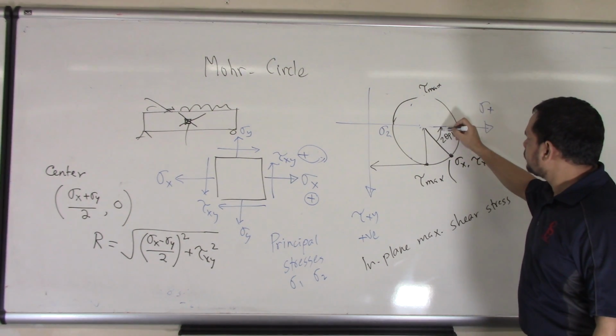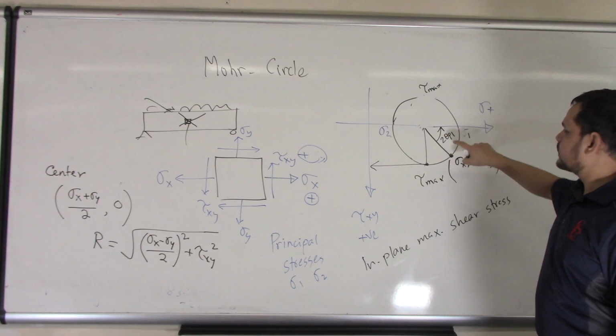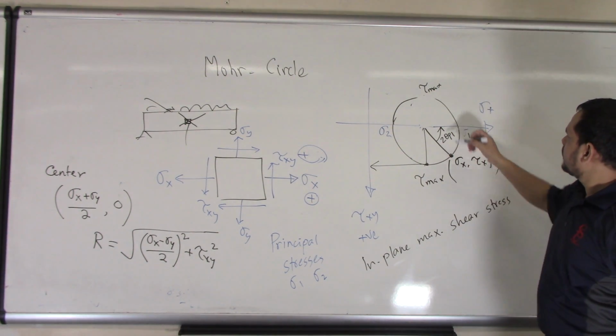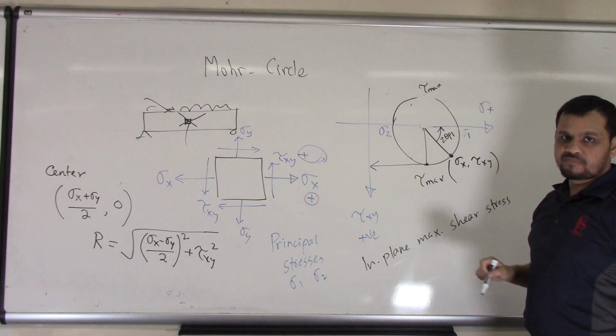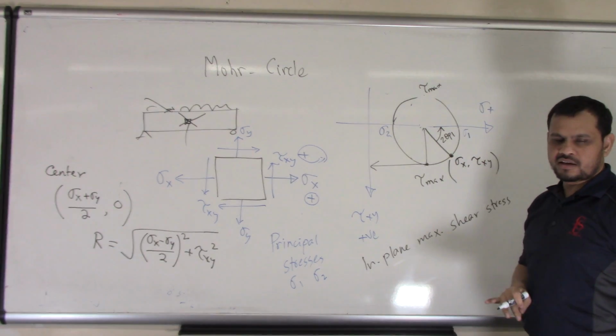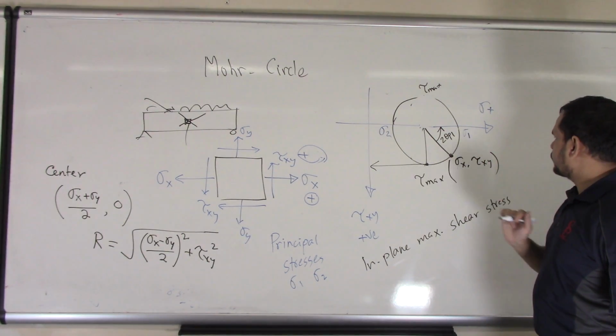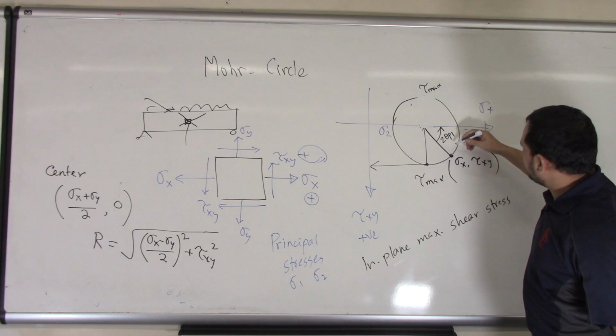Now how can we find this? In a simple case we can just measure the angle if we draw it to scale. If we cannot, still we can find it geometrically.